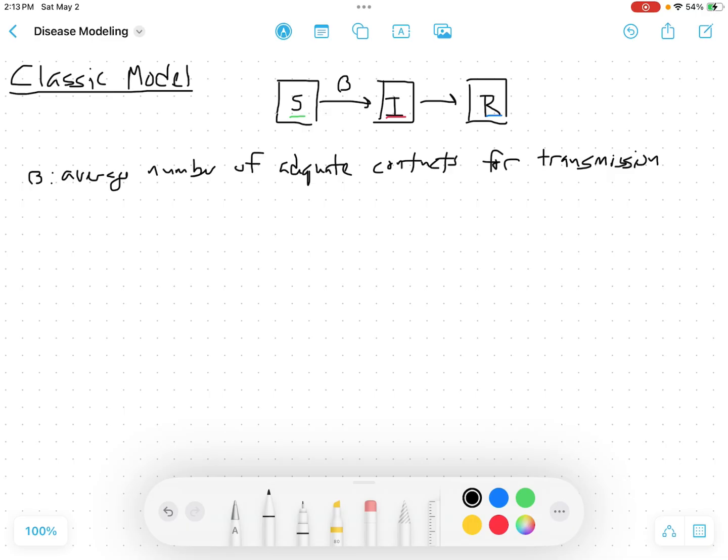So, if someone is infected and they're interacting with a bunch of people closely enough that the disease could be transmitted, how many people on average would each person interact with before somebody actually catches the disease?